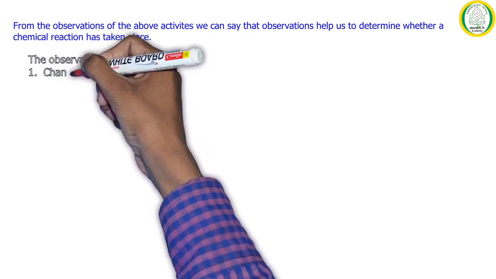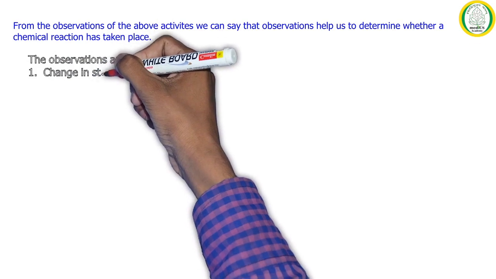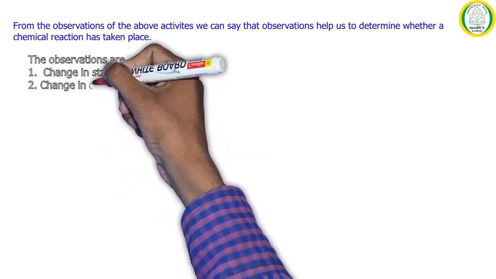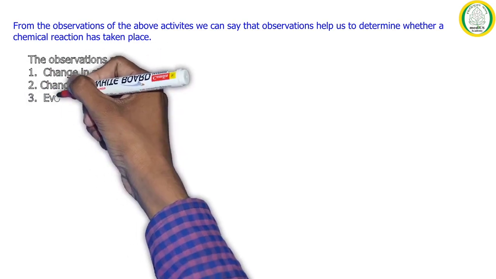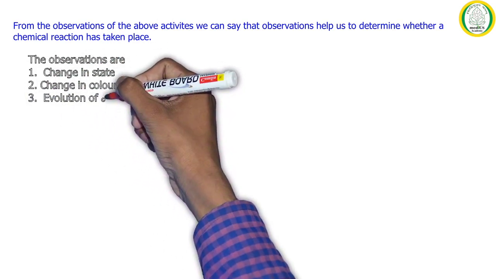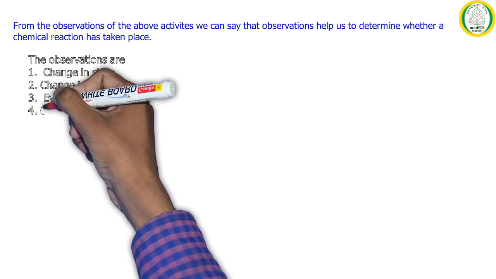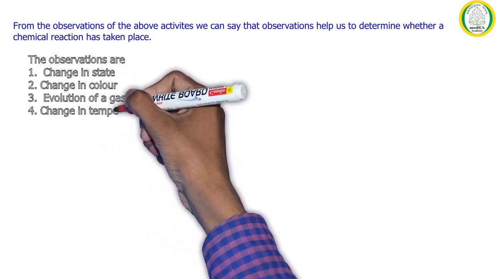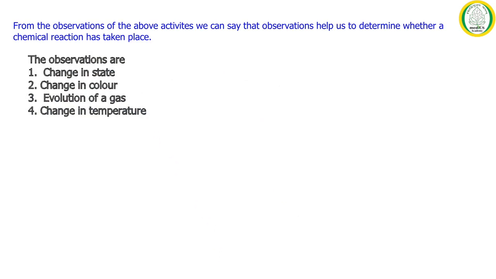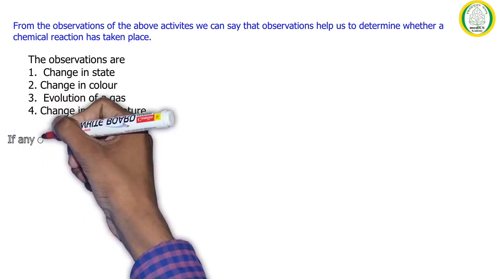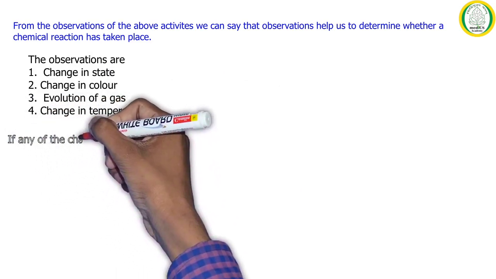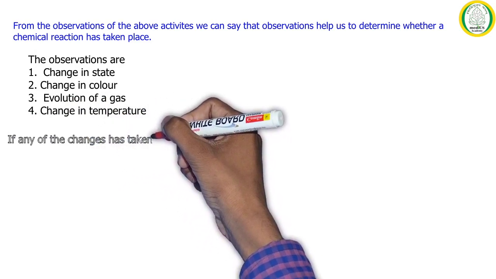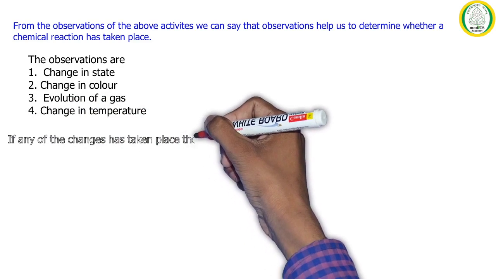Number one, a change in state. Second, a change in color. Third, evolution of a gas. Fourth, a change in temperature. If any of these four changes has taken place, then we can say that a chemical reaction has taken place.